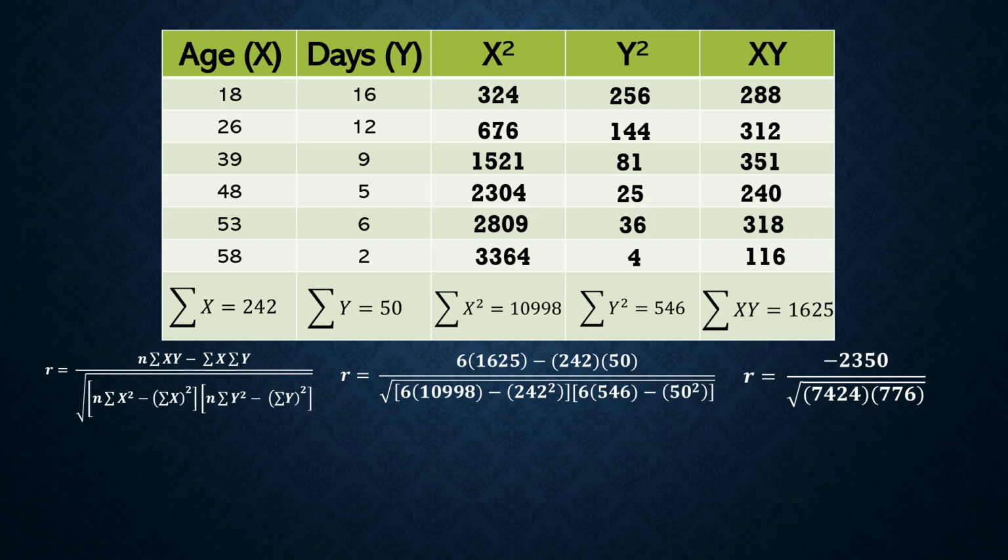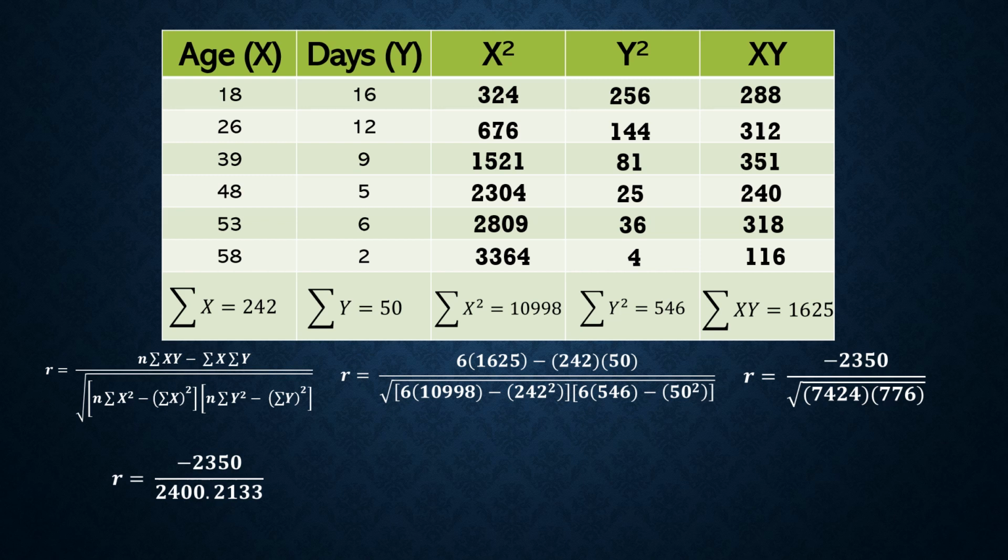So you're going to have the square root of parentheses 7,424 times 776 close parentheses, and then you can have 2,400.2133.